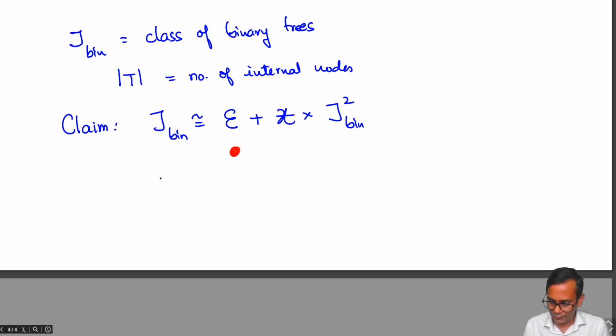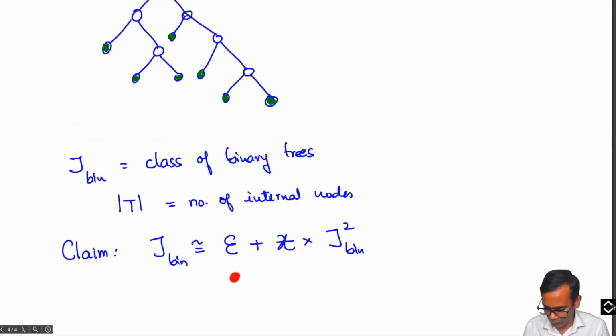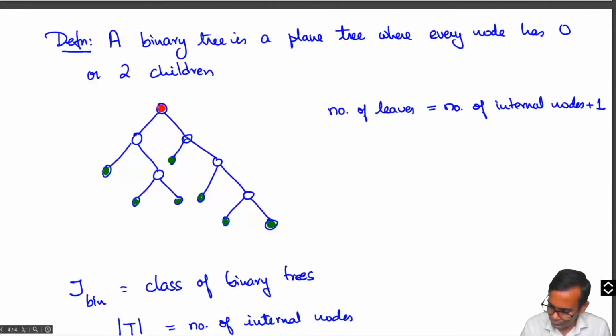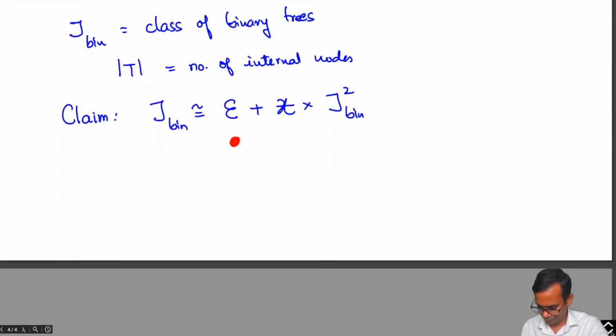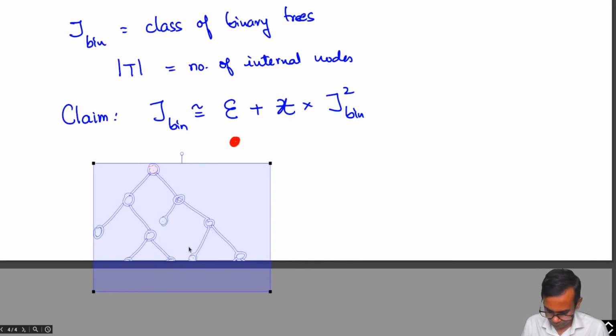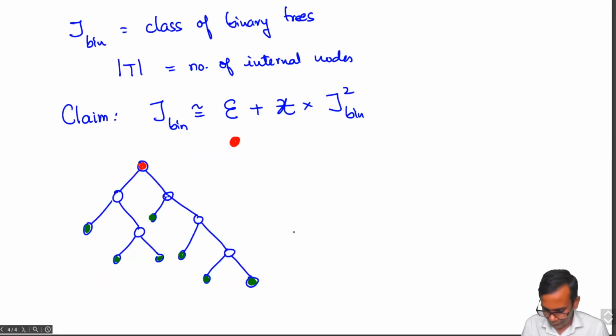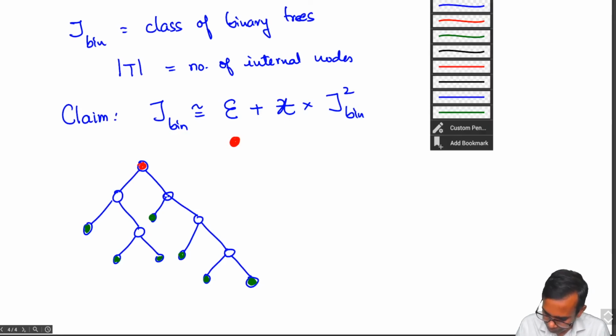But the remaining trees, where the root has 2 children, are going to give us elements of x cross T_bin squared. So if I take, for example, this binary tree, I can break it up.